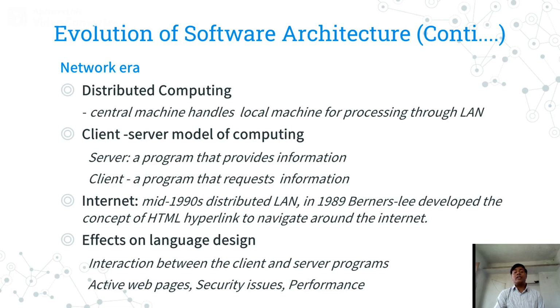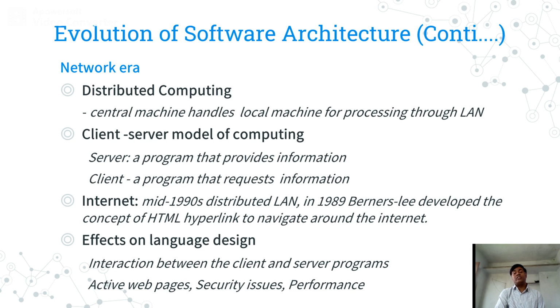Then in the network era, the distributed computing concept comes. In distributed computing, central machines handle local machines for processing through a line. This is based on the client-server model of computing, where a server is a program that provides information, and a client is a program that requests information. In the network era the internet also came into the picture.